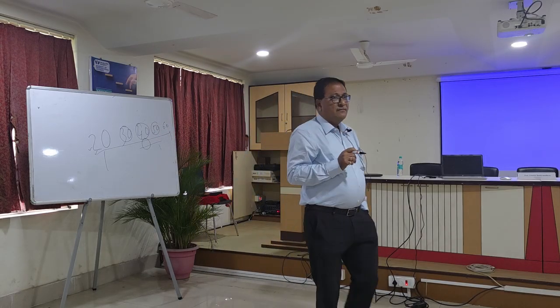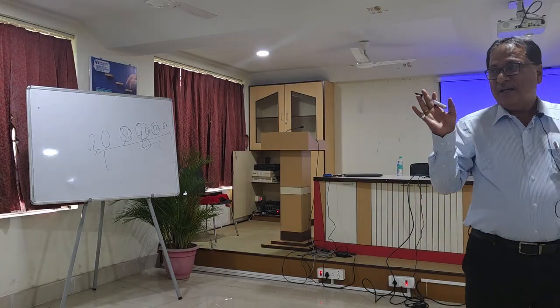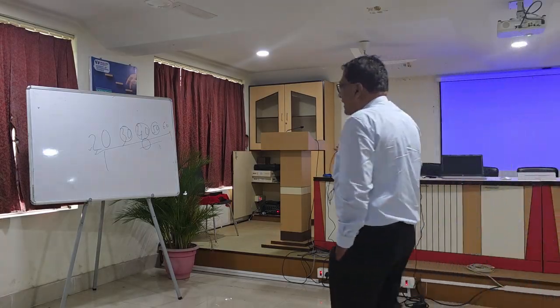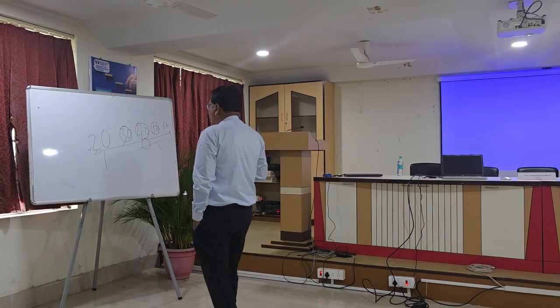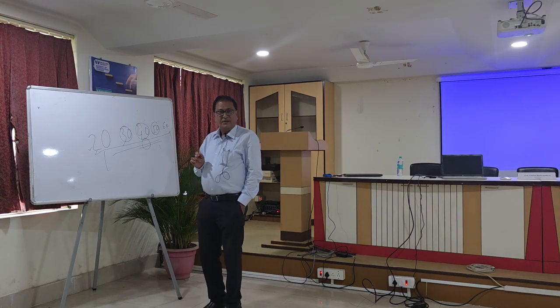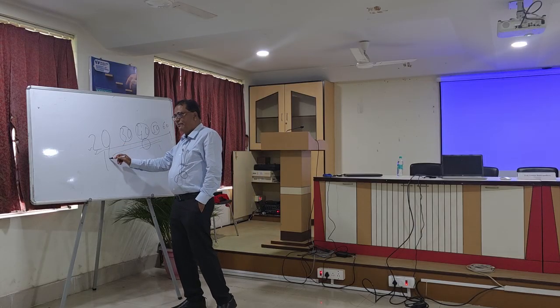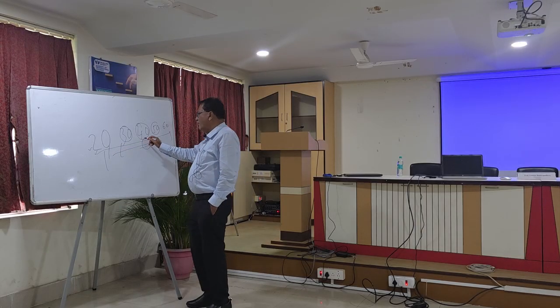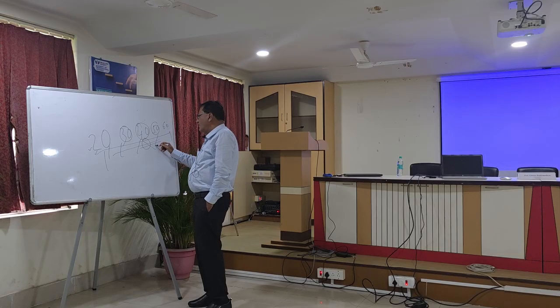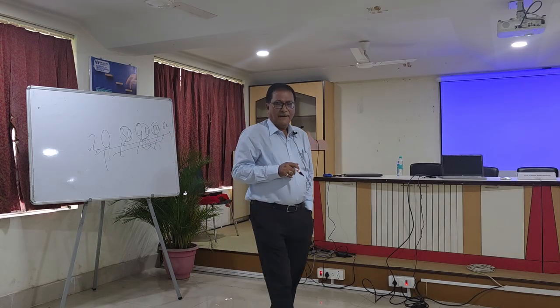Initially I started my lecture with 5 values, and from these 5 data we can give the 6-point summary. What is the 6-point summary? The minimum, Q1, mean, median, Q3 and maximum. This is called the 6-point summary.